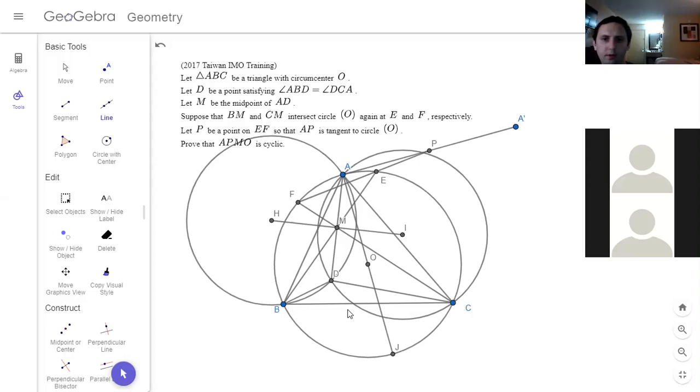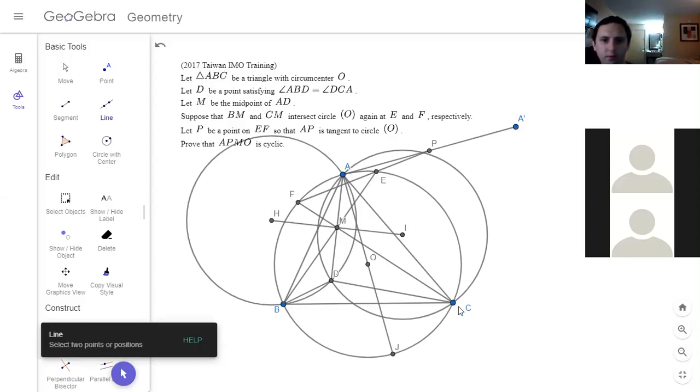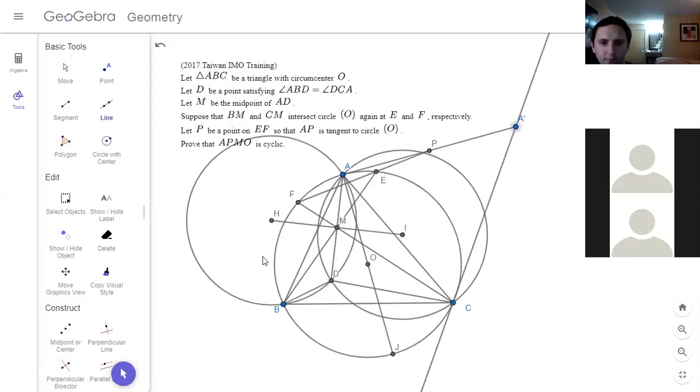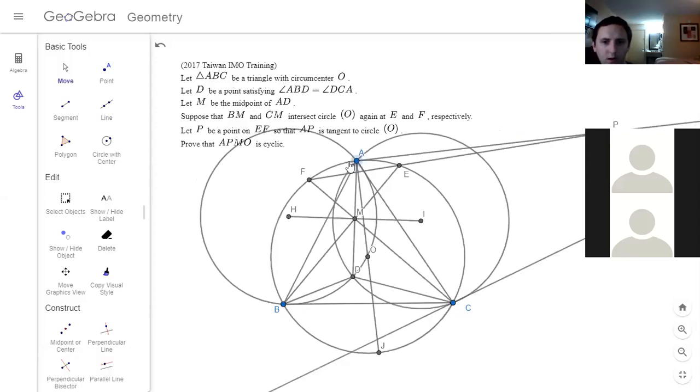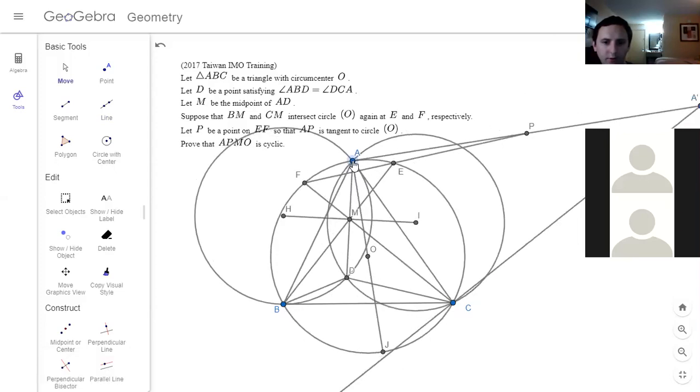A prime C. Yeah, let's see. Is A prime C tangent? That would be very interesting. No, I think it can intersect all the circles.